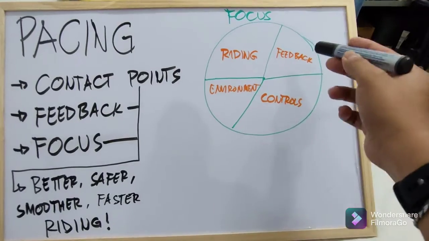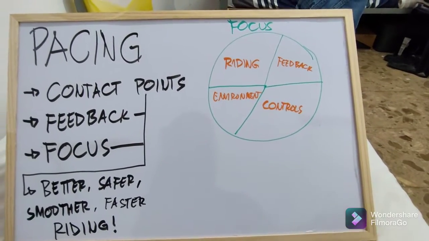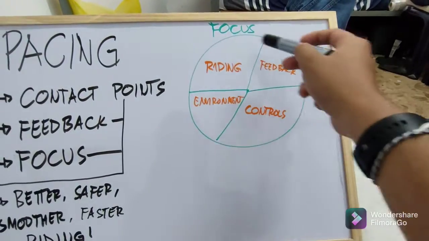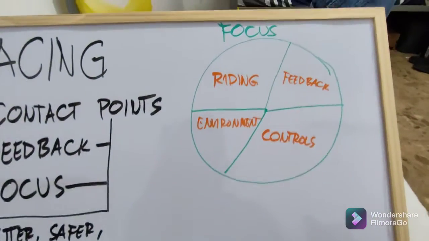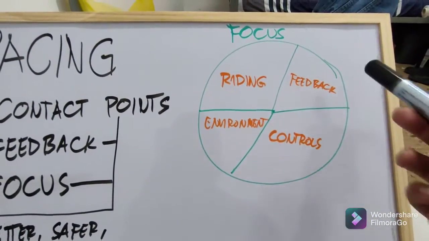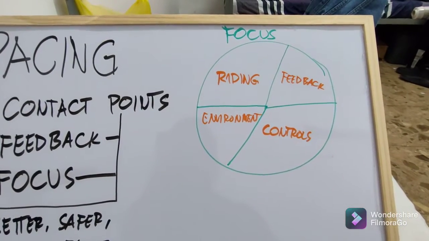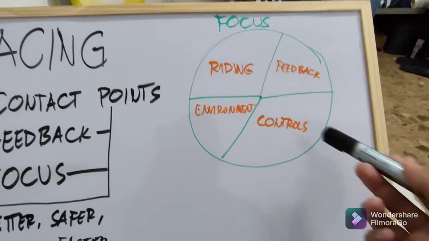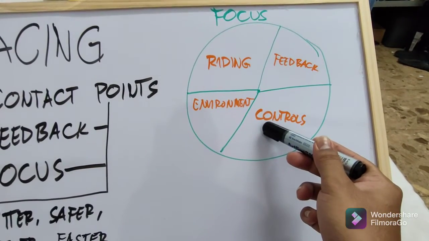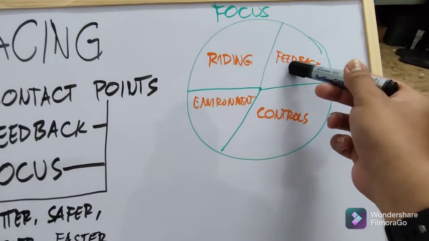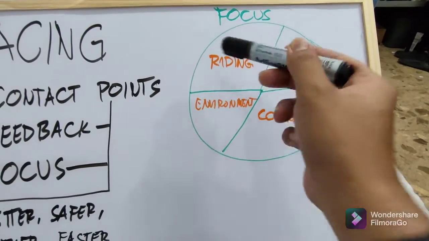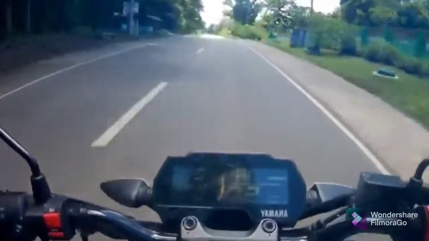So what do you consider? Pupunta tayo ngayon dito sa diagram about focus. So dito sa diagram na to, meron tayong isang pie chart na pwede nating i-consider as 100%. Dito sa 100% na to, pwede mong i-budget ang, of course, inputs mo dun sa bike, yung response ng bike sa controls mo, yung paligid mo, at yung overall riding mo.